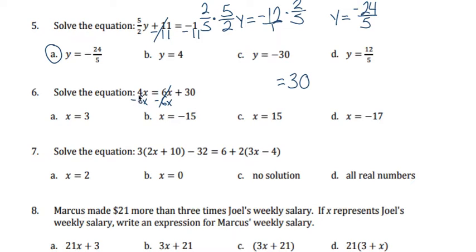On the left side, 4x minus 6x will be negative 2x. Next, to get x by itself, we need to divide by negative 2 on each side. And we'll get that x equals 30 divided by negative 2 is negative 15. Or answer choice B.